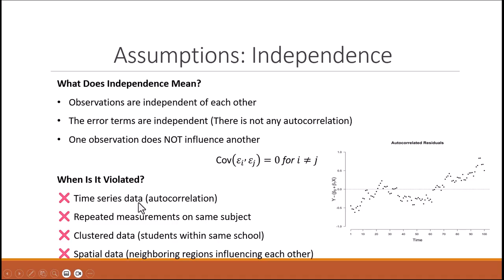If we have time series data, we know that each observation is dependent on the past observation, the previous observation. It means that there is some autocorrelation between them, and we cannot use linear regression models. Another type of data set is when we repeat the measurements, for example, for some individuals.